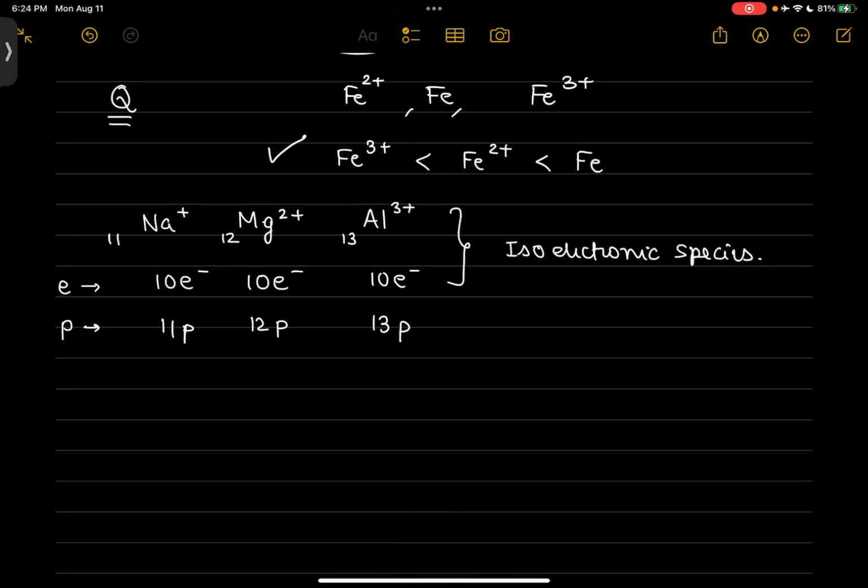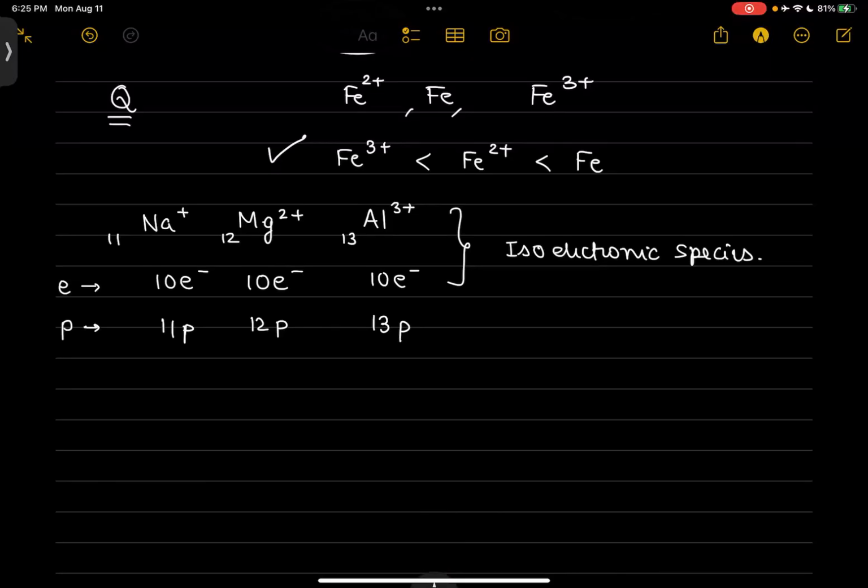So which one will be the biggest and which ion will be the smallest? The smallest should be aluminum. The smallest will be aluminum, exactly, because the 13 protons, the electrons are just the same, but they are not feeling the same attractive force. Absolutely correct. The 13 protons are going to pull the 10 electrons more strongly. Got it? Yes, sir.